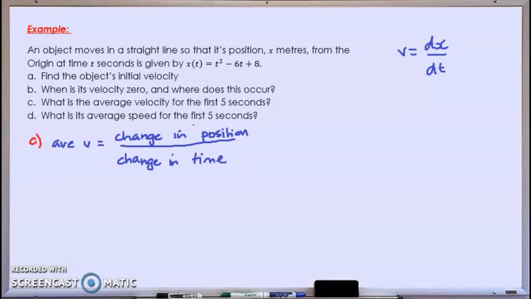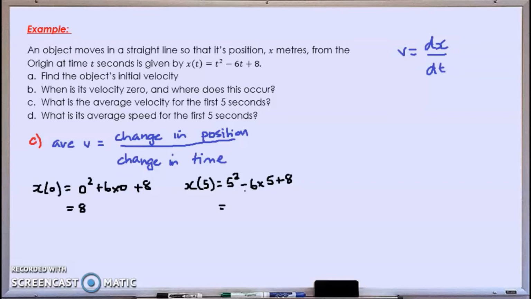So now I need to find out the change in position. So at time 0, my position here is 0 squared minus 6 times 0 plus 8, which equals 8. At time 5, when I substitute my numbers in, I'm going to get 5 squared minus 6 times 5 plus 8.